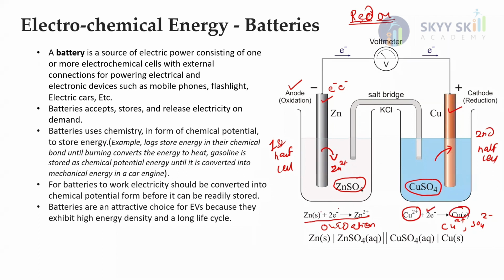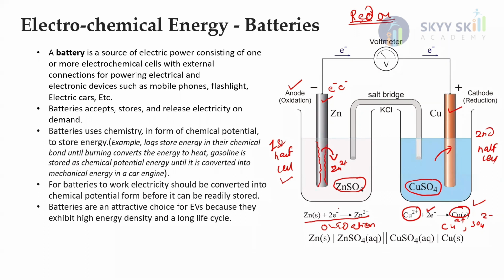On the first half cell, zinc loses 2 electrons, becomes zinc ion, and copper accepts 2 electrons and becomes copper metal. So this zinc electrode loses mass with time, because the zinc is being transferred to the electrolyte.